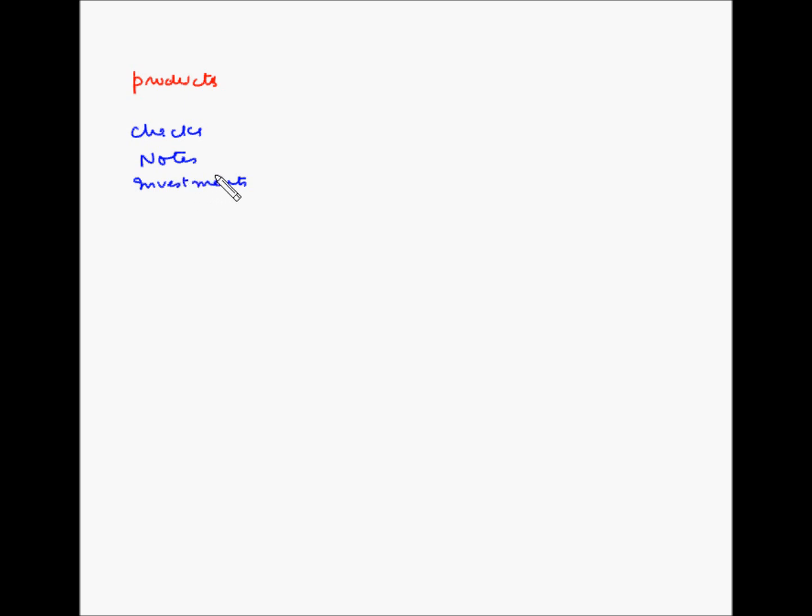So the next step is to list down the daily volume. Now let's say the bank has found out that on average they process 2000 checks, 200 notes, and 400 investments on a daily basis.